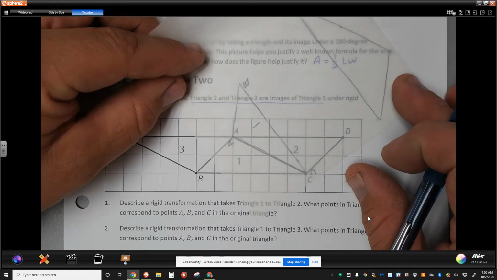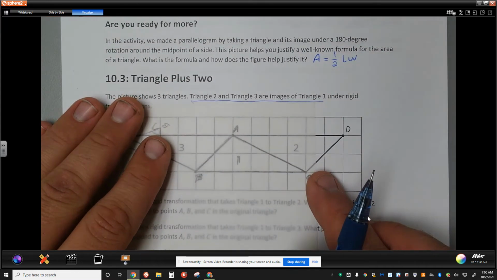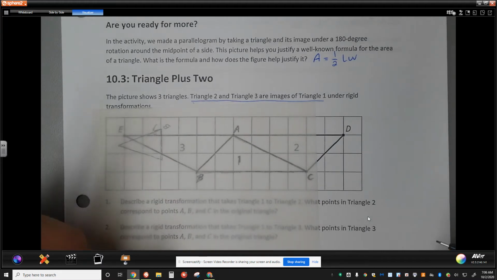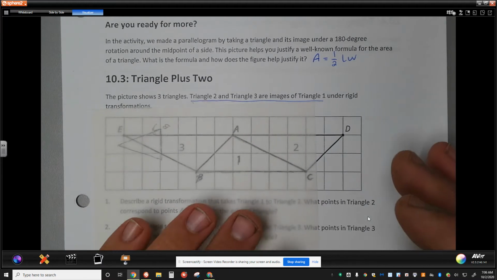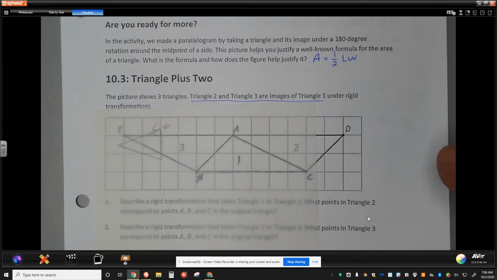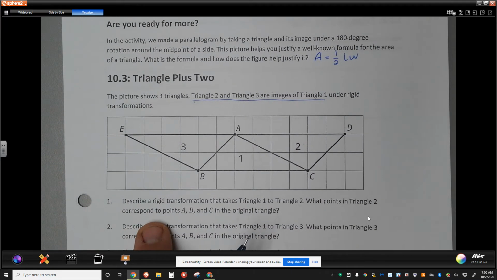So we're not going to use that kind of reflection. What I would suggest whenever you're approaching this, to describe a rigid transformation that takes a triangle to a triangle, or any figure to another figure, is to always match up the corresponding points first before you do a rotation, or match up a set of corresponding sides before you do a reflection. Take that into account.